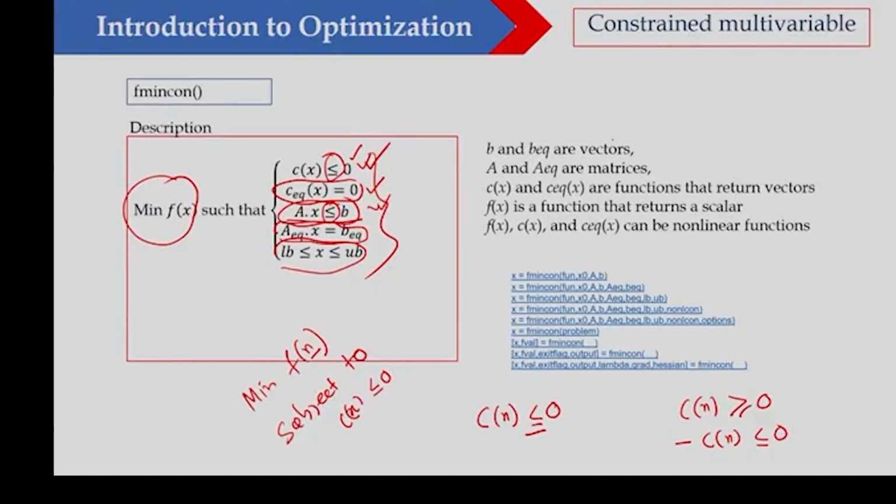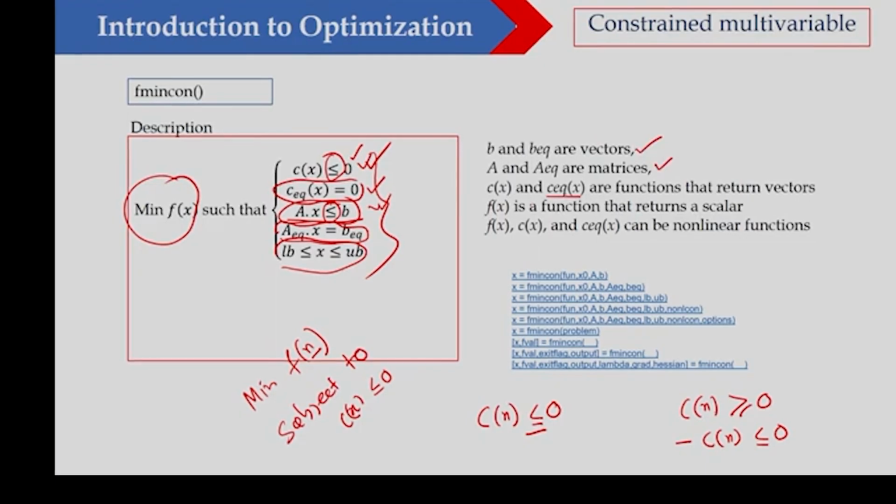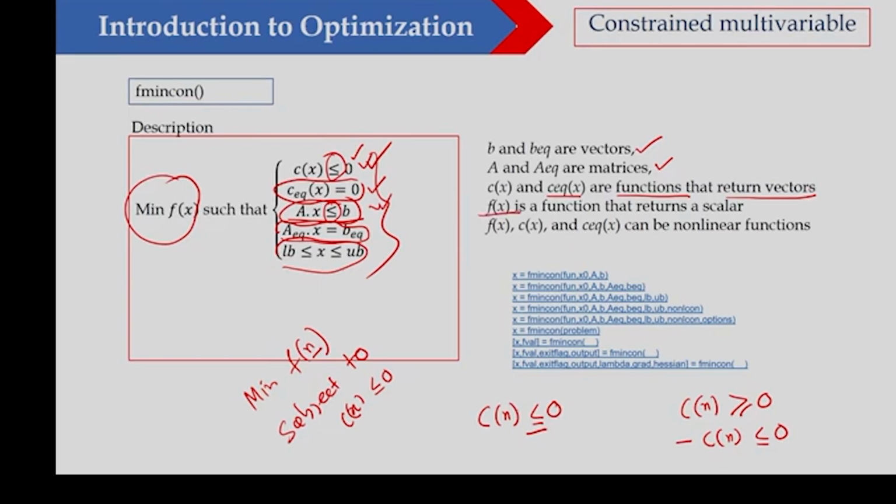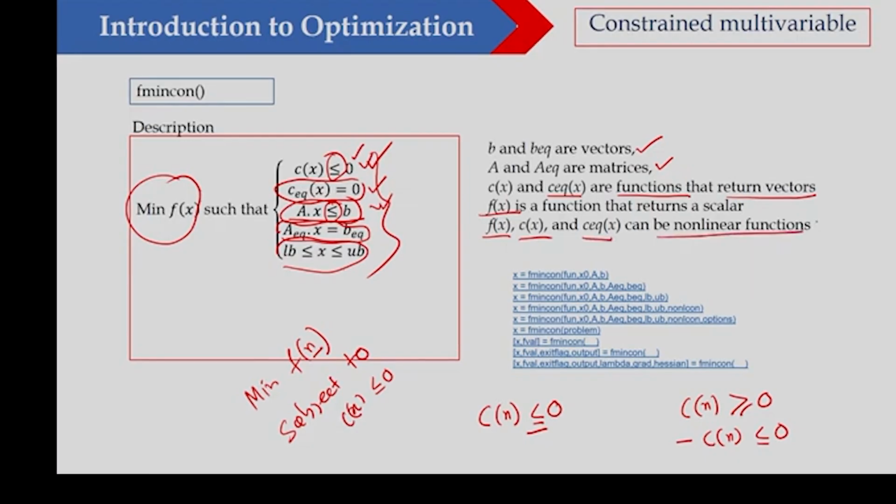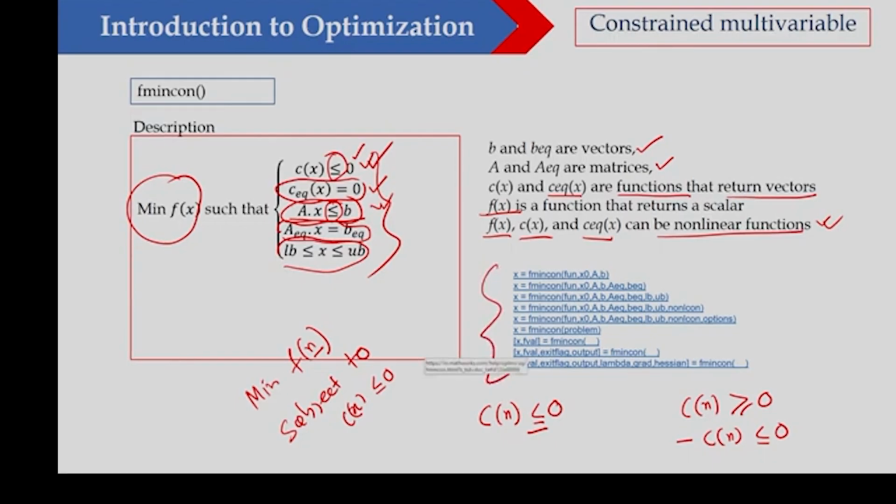B and Beq are vectors, A and Aeq are matrices, then Cx and Ceq x are functions that return vectors, and Fx is the objective function. Fx, Cx and Ceq x can be nonlinear functions.